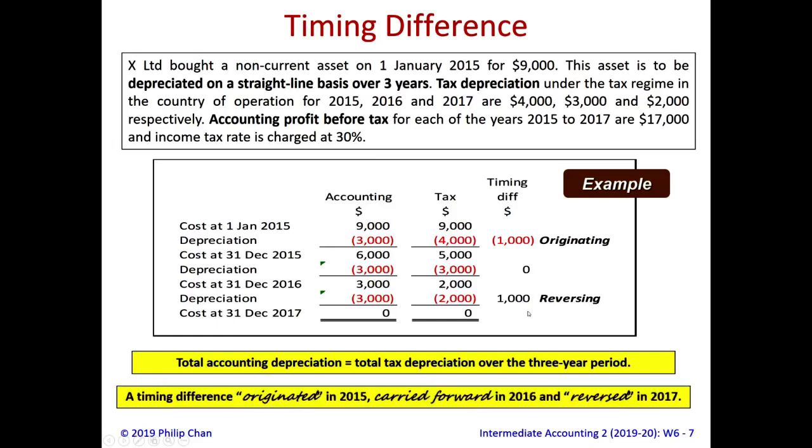So you can see that timing differences would originate in 2015, carry forward to 2016 and reverse in 2017.